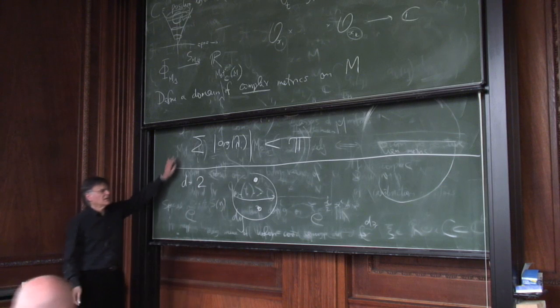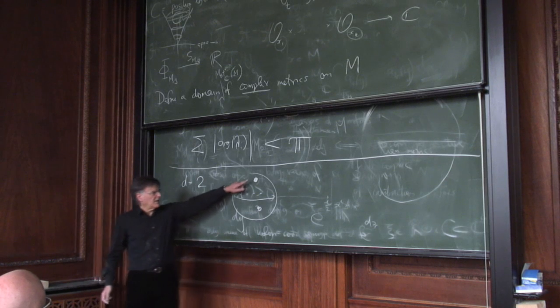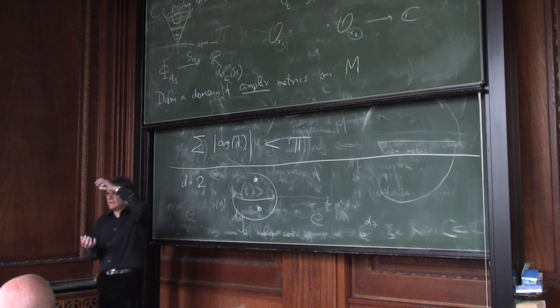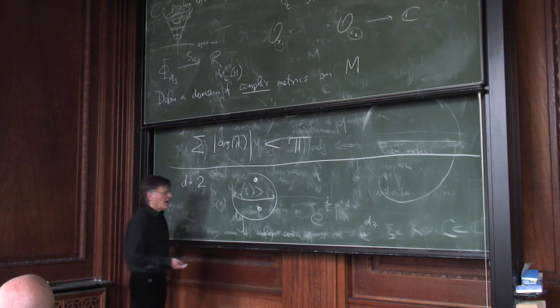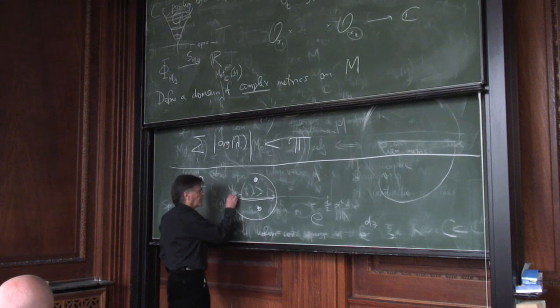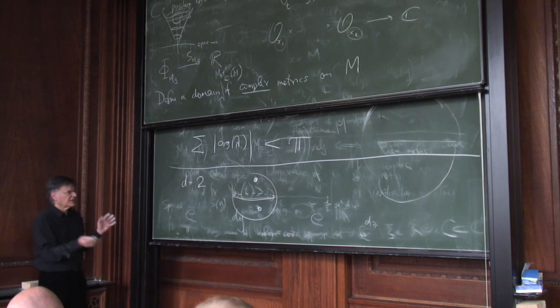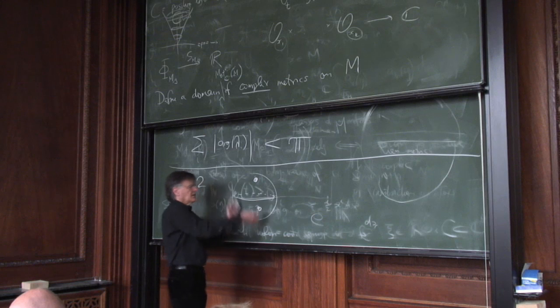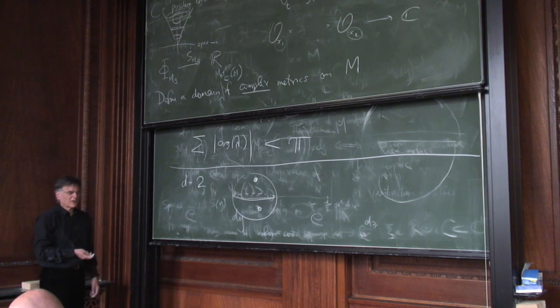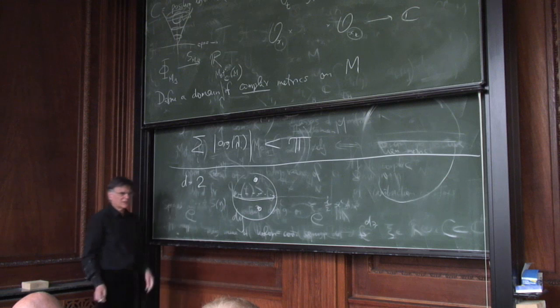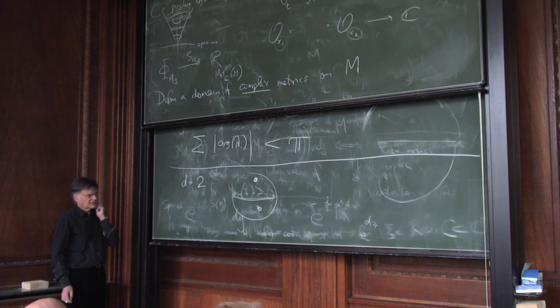Now this condition is exactly equivalent to saying one of these 2 directions is in each half plane. So this is the real projective line, which is the projective space of the real tangent space, and this is the complex projective line coming from the complex tangent space. And this condition says that these 2 points are in opposite half planes.